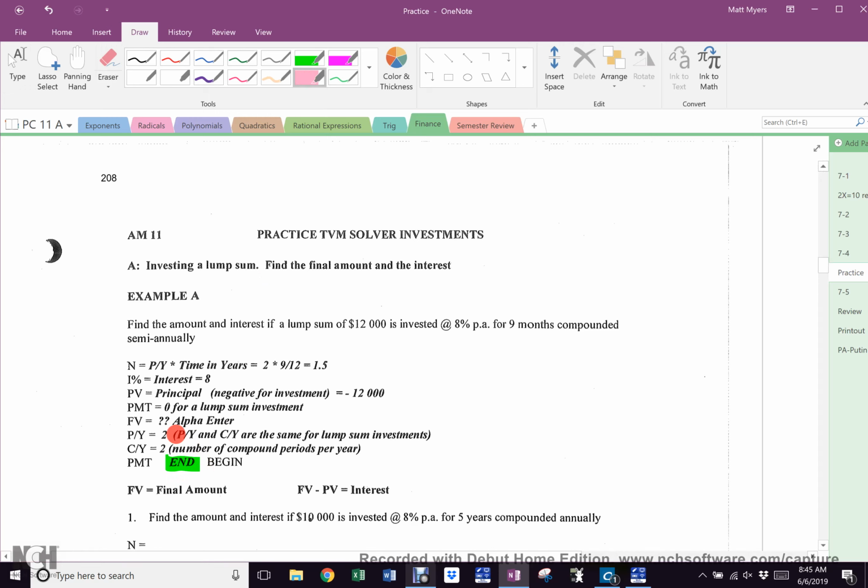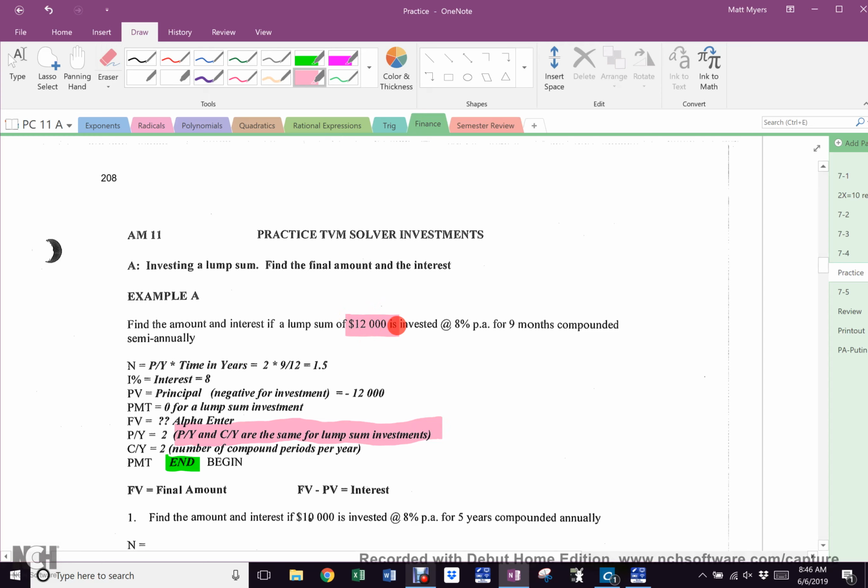Like this right here. The payments per year and the compounds per year are the same for a lump sum investment. Meaning, if I just put the money in and never do anything else with it. So this question, if I drop 12 grand, this is one of those questions we did where Granny left us $12,000.